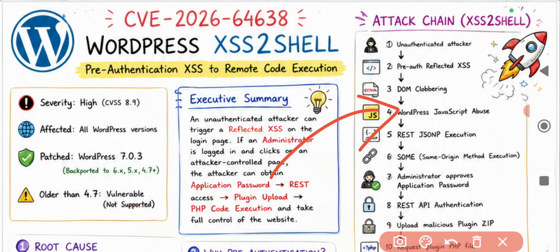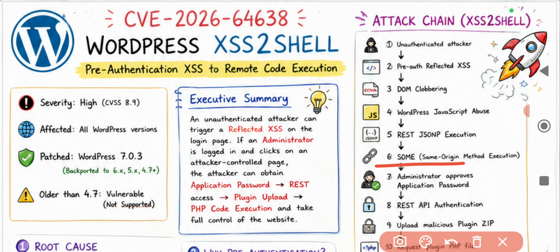We need to understand DOM clobbering as well, so to keep good hygiene, I request you to go through what DOM clobbering actually is, as explaining it takes time. Then it eventually leads to WordPress JavaScript abuse, then the reset JSONP execution happens.